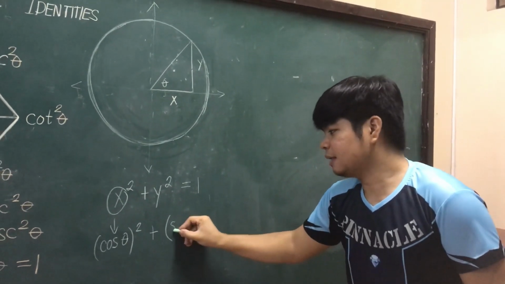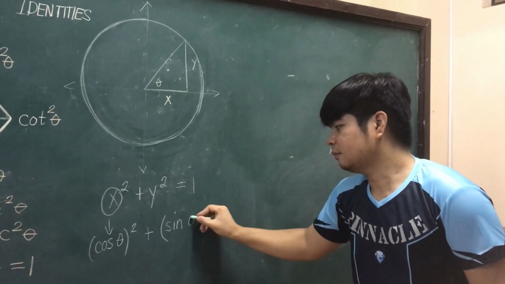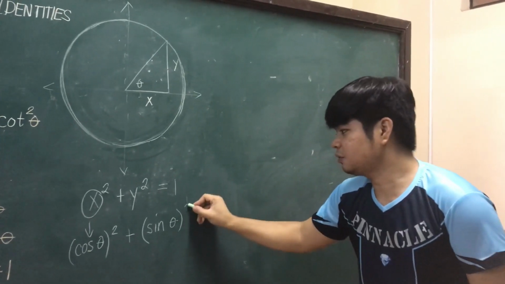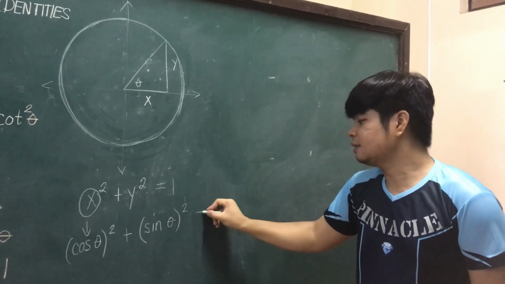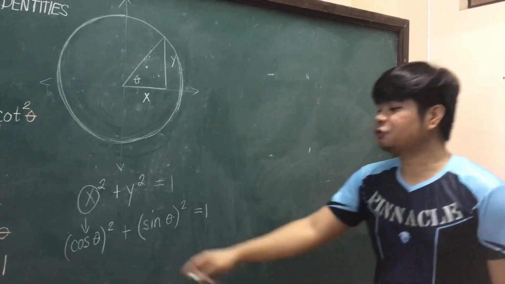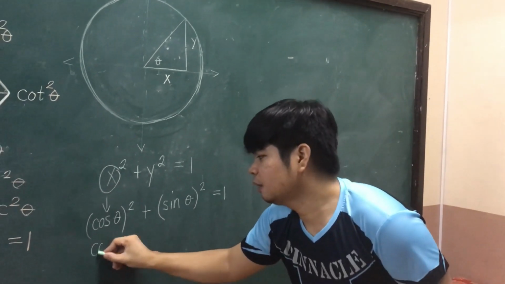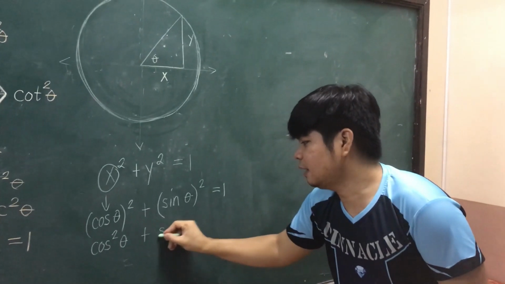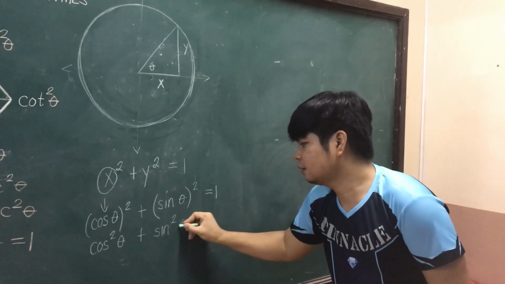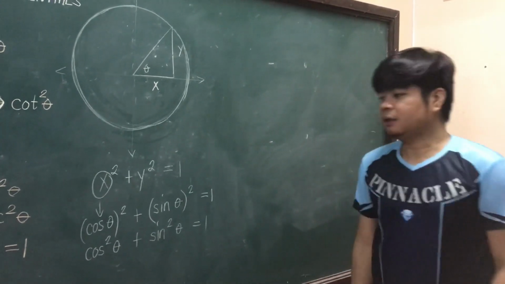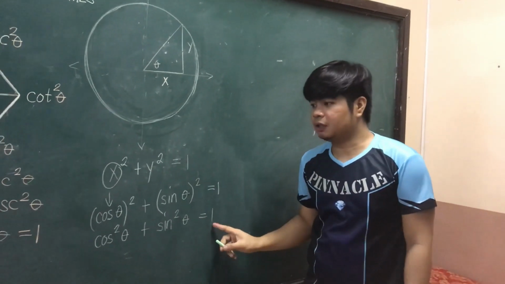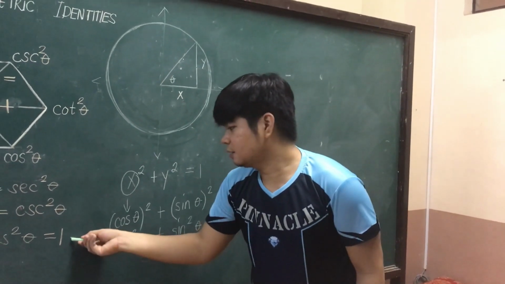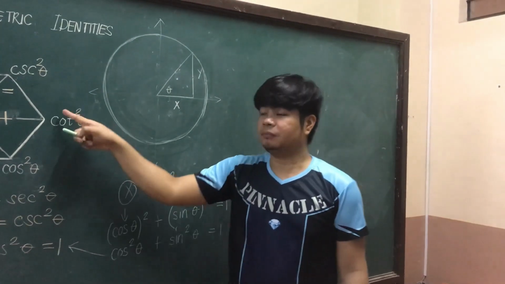Y also is sine of any angle theta, so squared, as suggested here, is equal to 1. And squaring cosine theta will give you cosine squared theta plus sine squared theta. You see, from the equation of the unit circle, we can derive this identity from the hexagon.